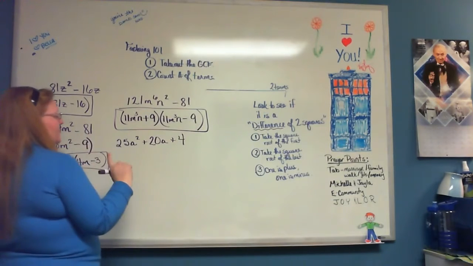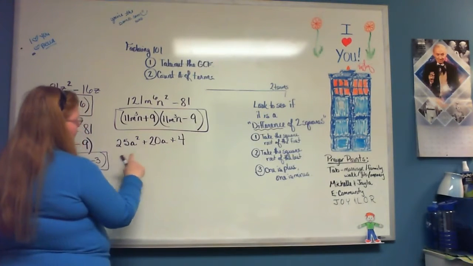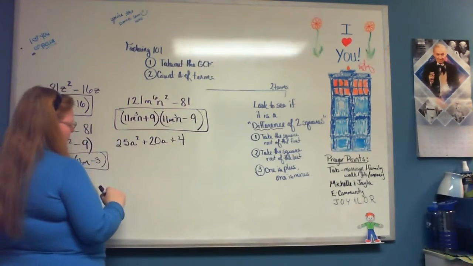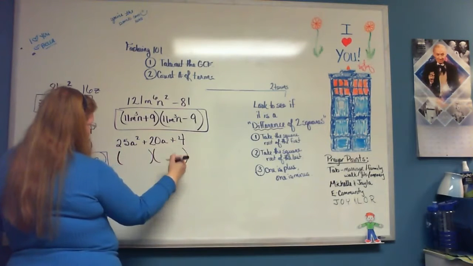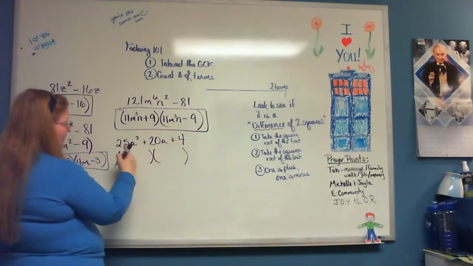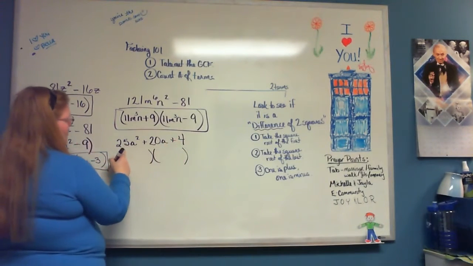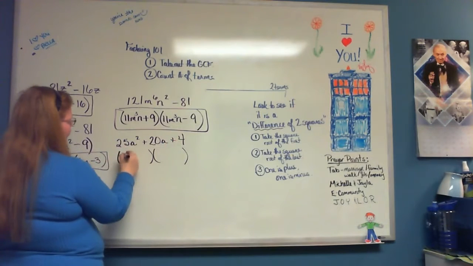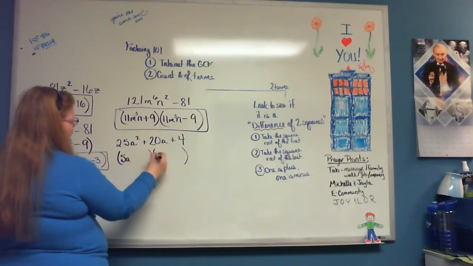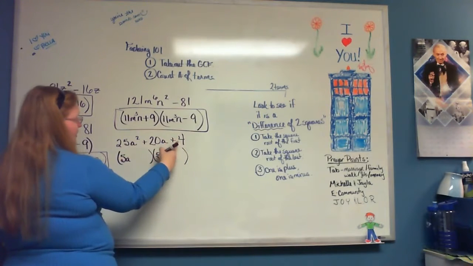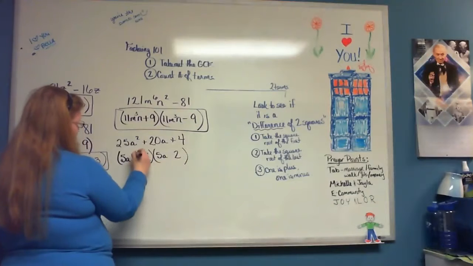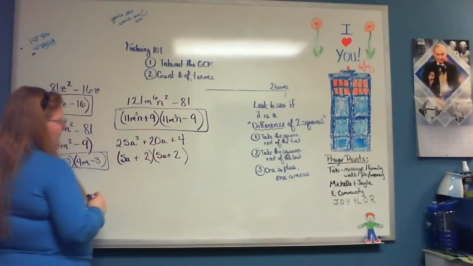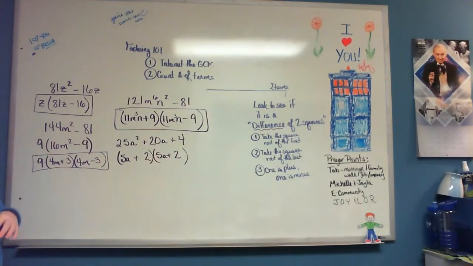Well, if you were to do the 3 terms, is there a GCF? No. What's your leading coefficient? Not a 1. So 2 days multiplied together give you that. Gut says 5a, 5a. 2 days multiplied together give you that. 2 and 2, plus and plus. That's what the answer is.